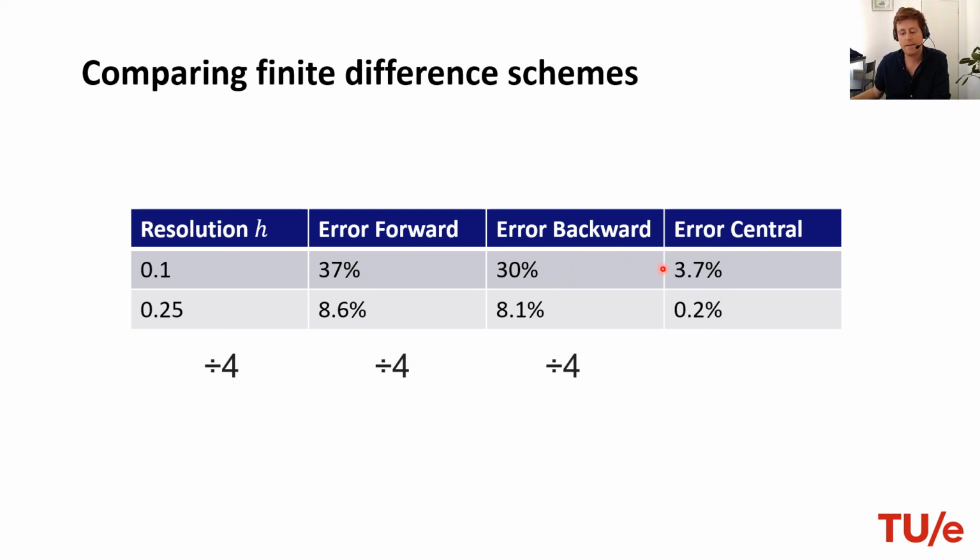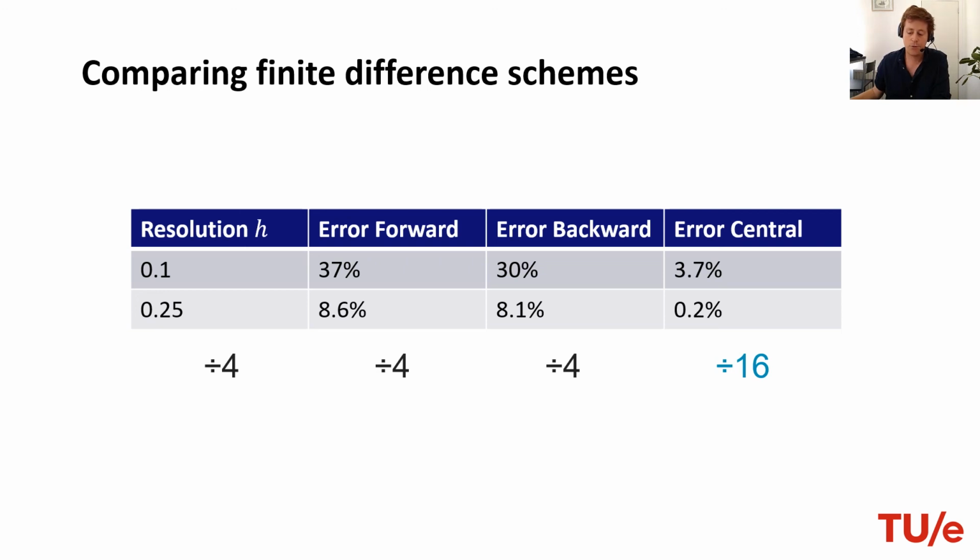But when we investigate the central difference scheme, we see that this is reduced by a factor 16. So there is something going on. There is something that's causing this central scheme to actually be a much better approximation for the derivative than the forward and backward finite difference schemes.